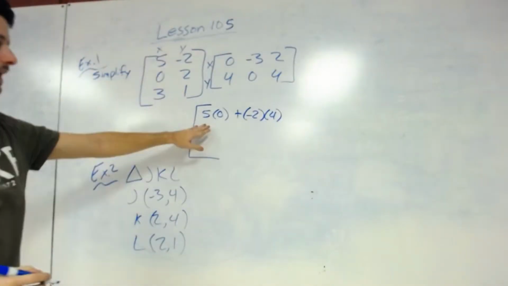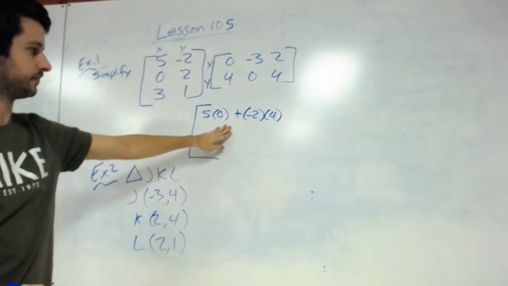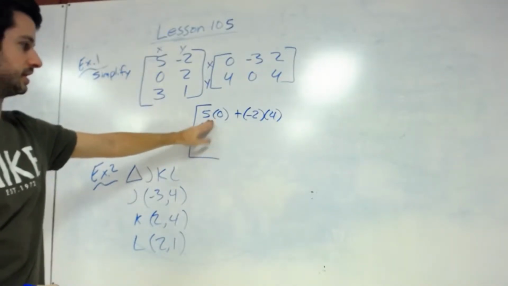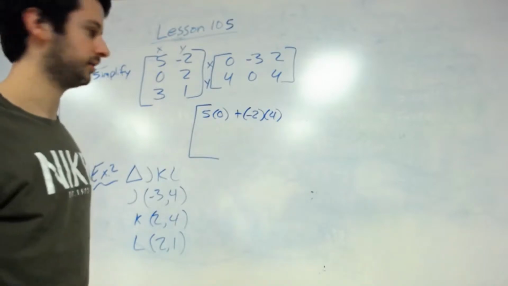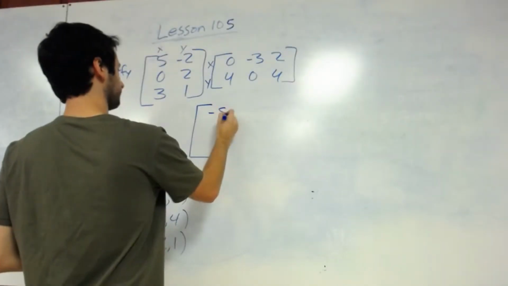That gives me my first number in the matrix. So 0 plus -8 would be -8. So that's my first number.